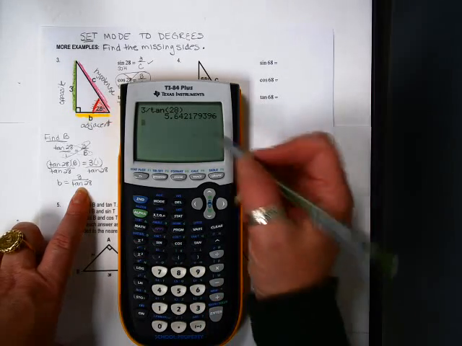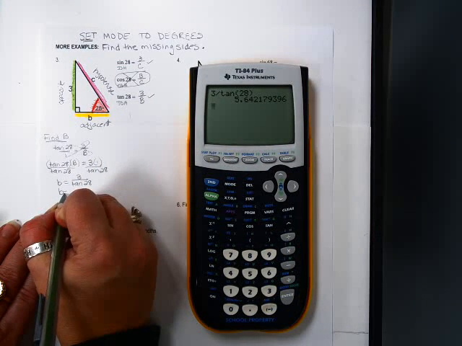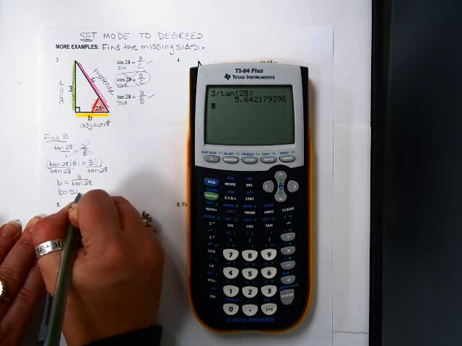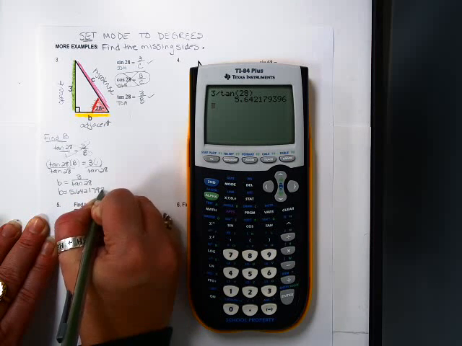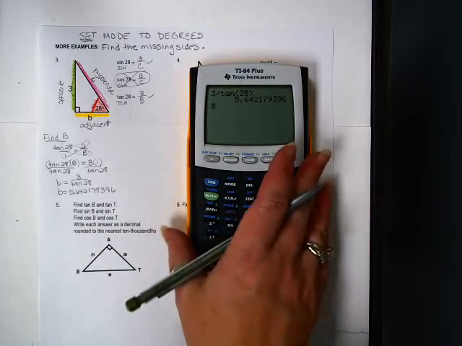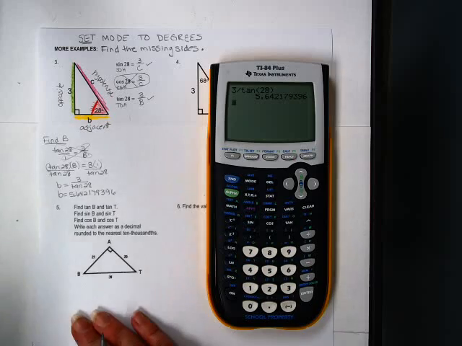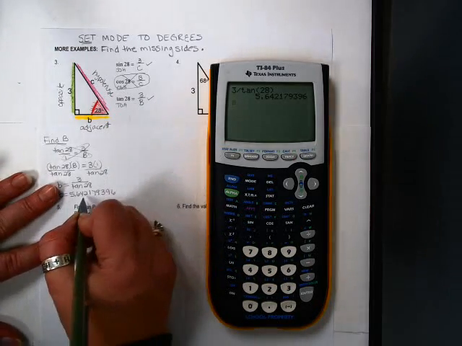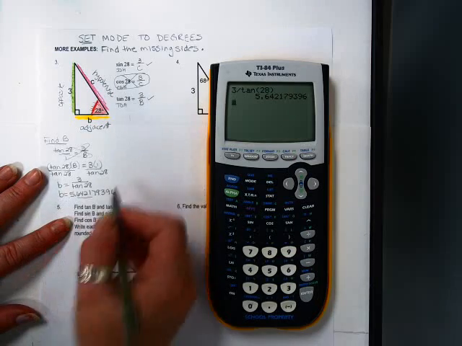So B is approximately 5.642179396. Whenever we are dealing with trig, we want to round to 4 decimal places. That's the 10,000th place. So I want 4 decimals. 1, 2, 3, 4. So let's round.